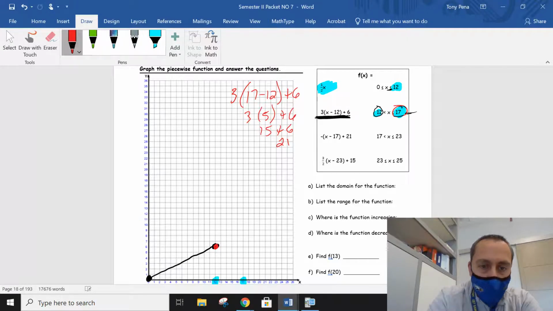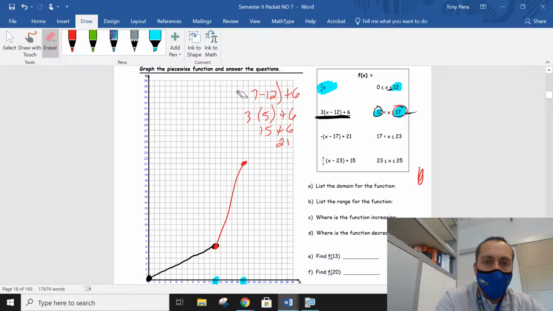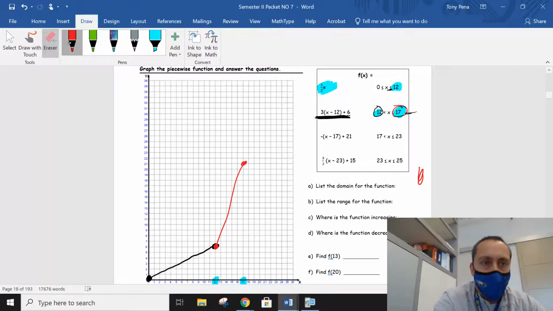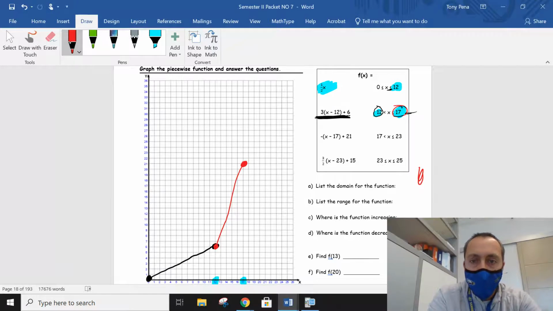Go to the point 21. Plot your point. This gives us the second line. All right, try that third line. So see if we can now get from this point that this line ends at to the new point that we would get in this third line.